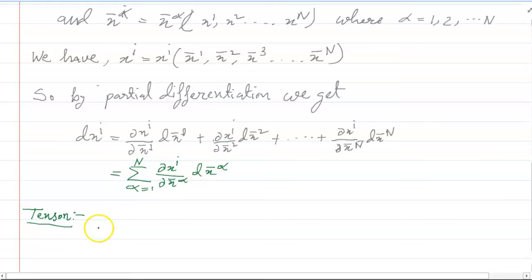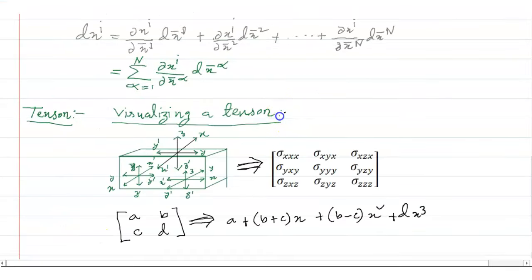So friends, we discuss visualizing tensors. Tensors as matrix and vice versa.